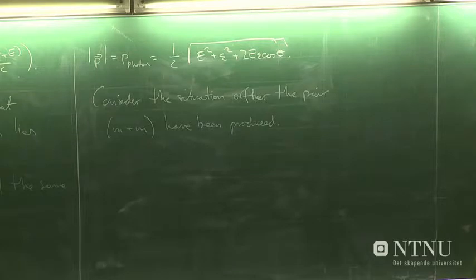So the question is now, what is the four momenta of these two particles at the threshold energy? Because that's what we're interested in. We want the energy of the photon, epsilon, that provides us with the threshold energy, the minimum energy required to produce these two particles.